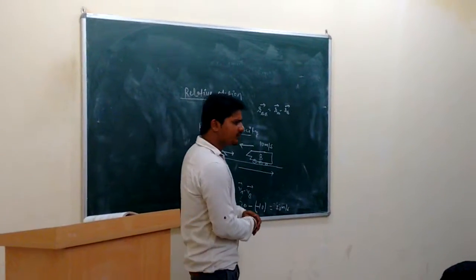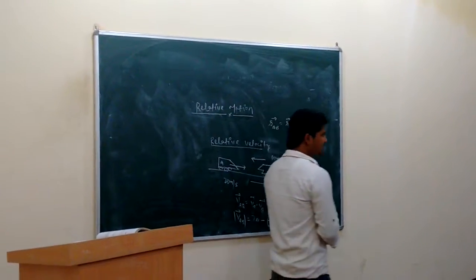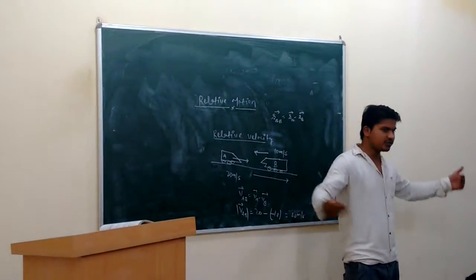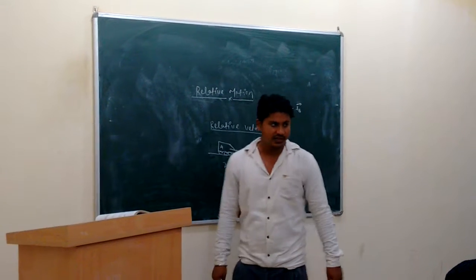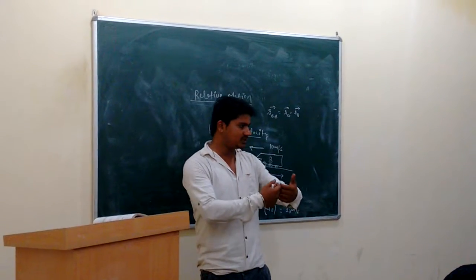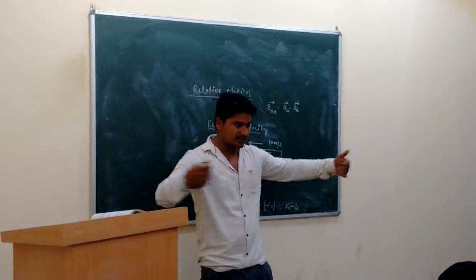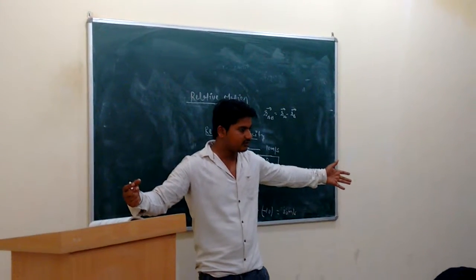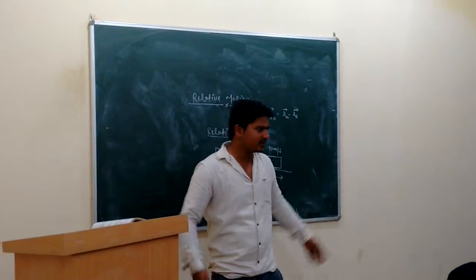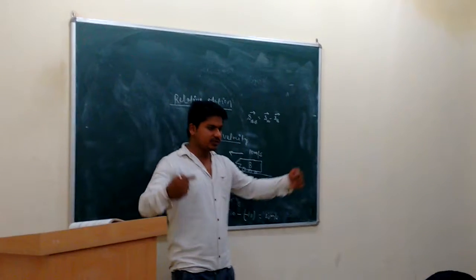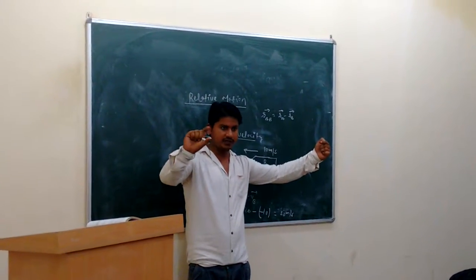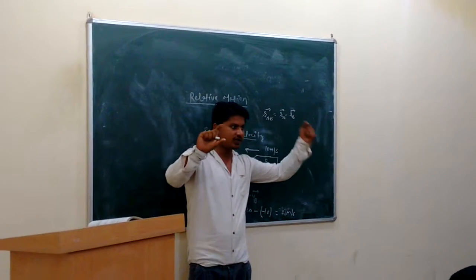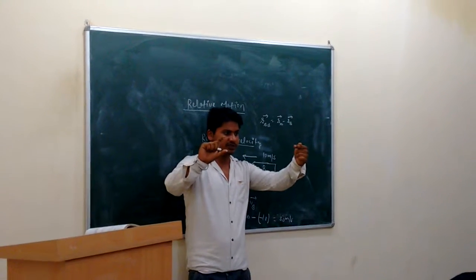In practical life also we can understand this. Suppose two persons are approaching each other on bikes, going in opposite directions with different velocities. Suppose the two bikers are approaching each other. One biker is coming with 20 meters per second, another biker is coming with 20 meters per second.